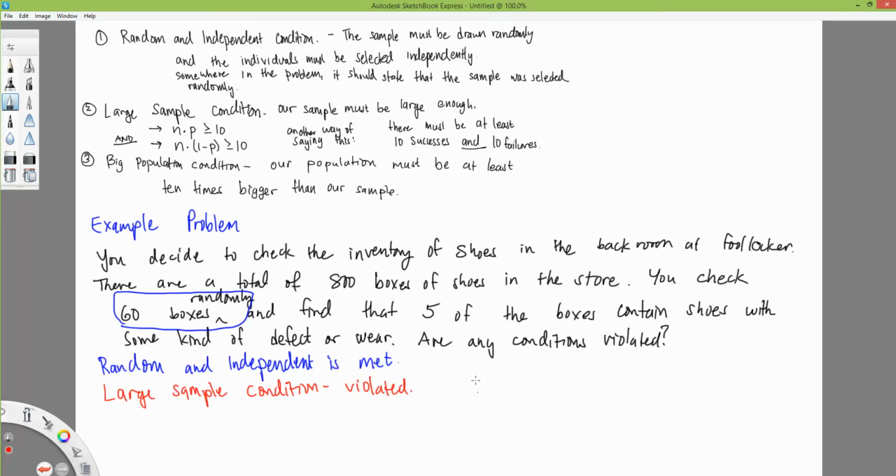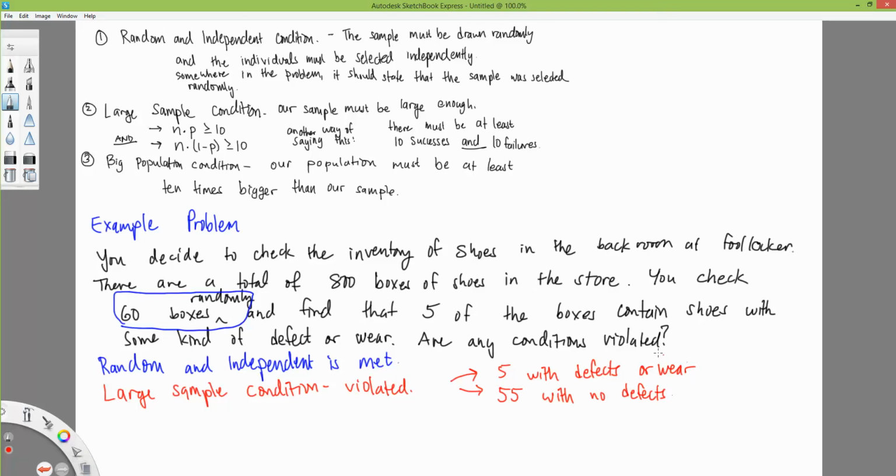Okay, what do we have? We need to have 10 successes and 10 failures. And what do we have? We have 5 with defects or wear. And so that means how many do not have defects or wear? 55, right? We have a total of 60 boxes, so 55 with no defects.